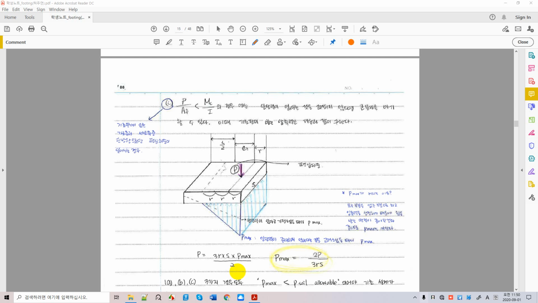So this portion cannot be used as a foundation because we have some overlifting in these tension regions. This is not very welcome. So we have to resize the foundation to account for these tension zones when we have excessive overturning moments.